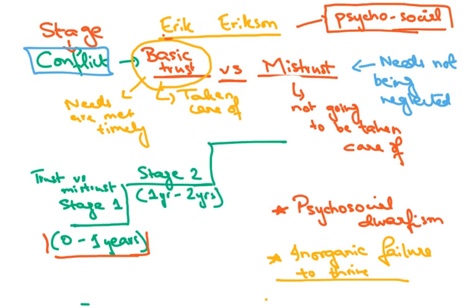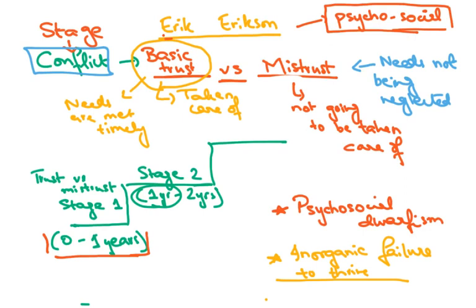Now, what is the conflict here? Another thing that you need to remember is what is happening at the 1 year mark with children in terms of physical development. Whenever you're considering development, you consider development in all of its different dimensions.